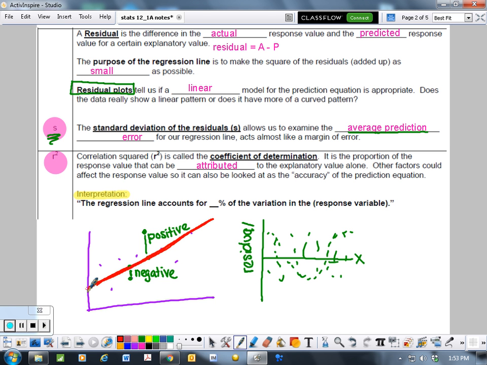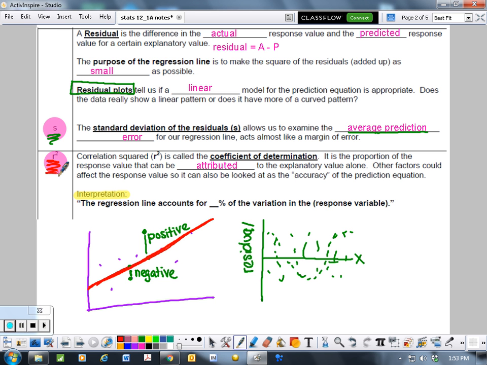And then we have our R squared, which is correlation squared, and it's also known as the coefficient of determination. It is the proportion of the response value that can be attributed to the explanatory value alone.